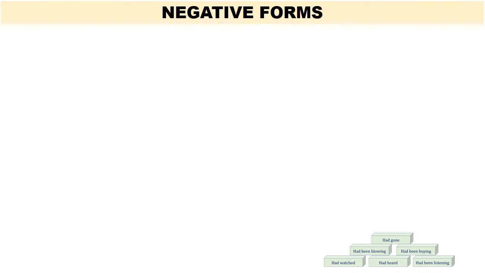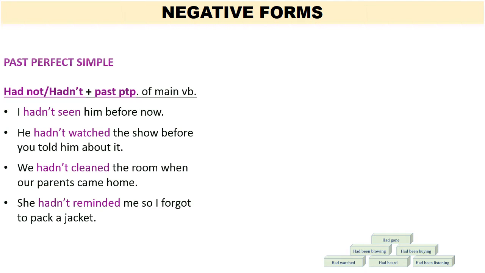Now let's look at the negative forms of both the tenses. With the past perfect simple tense, we use had not or its contracted form hadn't plus the past participle form of your main verb.